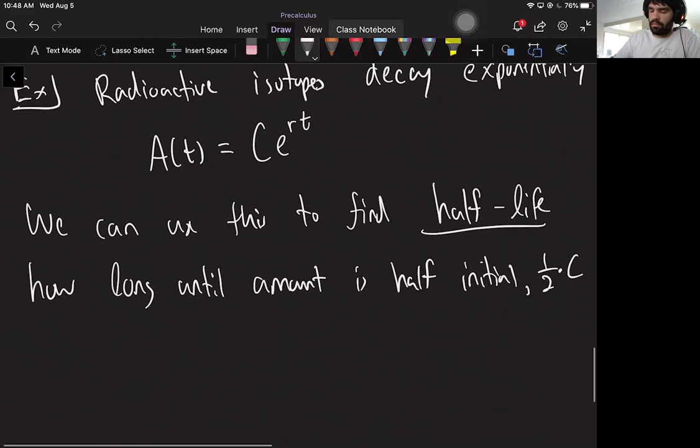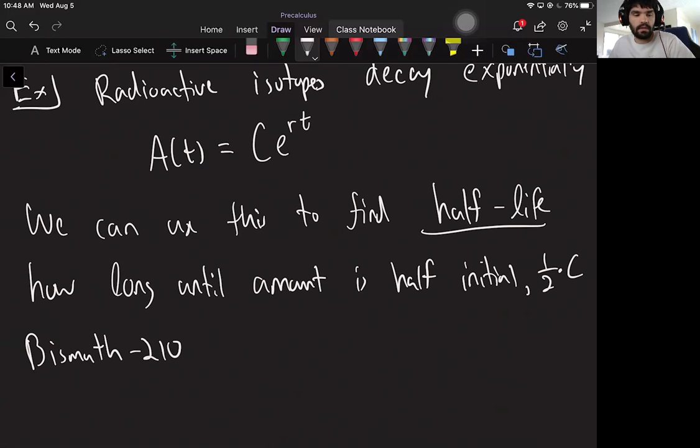Okay, so here's a more precise example. I don't know anything about radioactive stuff, but apparently bismuth-210 is one of these radioactive isotopes, and it decays 13% a day. So we want to find the half-life.